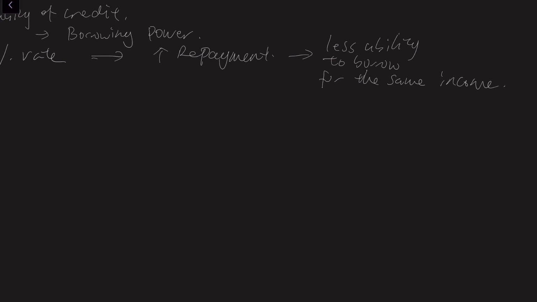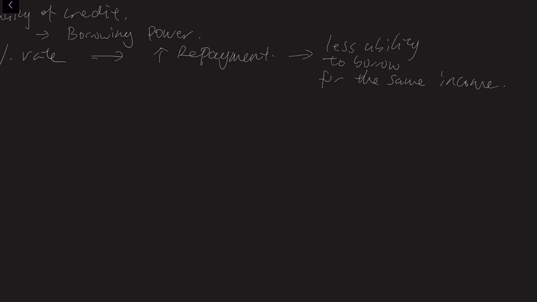So suppose you have the ability of paying $500 every week to service your debt. And if interest rate increases, now you need $600 to service the debt. And so because you're only able to repay 500, the bank will lend you less money than before. So your repayment is still 500 after this increase in interest rate, but because the interest rate increased, you can borrow less money than before.